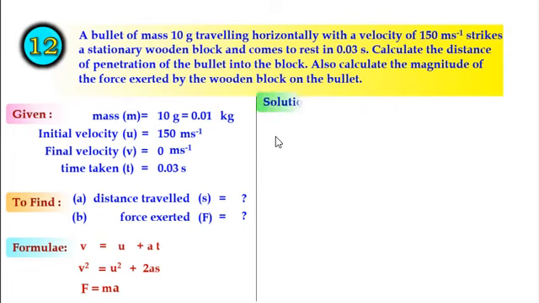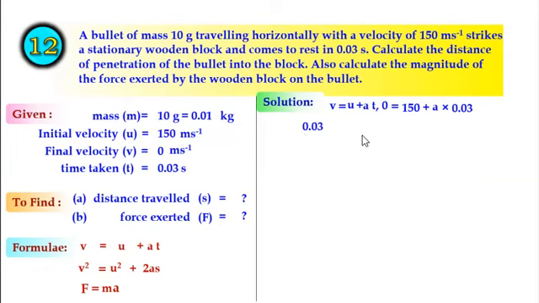So first, to find the distance traveled, solution for the first bit. V is equal to u plus at. What is the final velocity of the body? 0. Substitute 0. Initial velocity 150 meters per second plus a is unknown value. And into t is how much? 0.03.